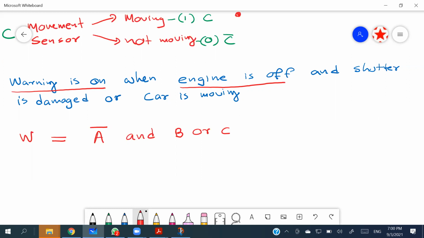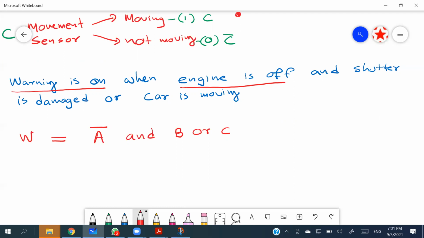Now, when are we going to have the alarm? The engine shouldn't be started, or like the engine is off, in the positions where the engine is off, right? Security system. So that means someone can come and break the shutter while the car is stopped somewhere. So the alarm should buzz. Or someone can take your vehicle away without starting the vehicle. So the car is moving without the engine on.